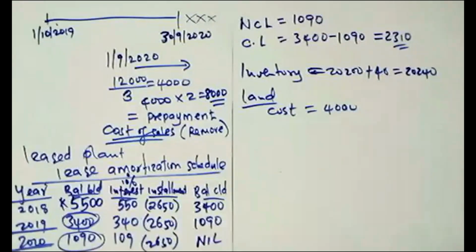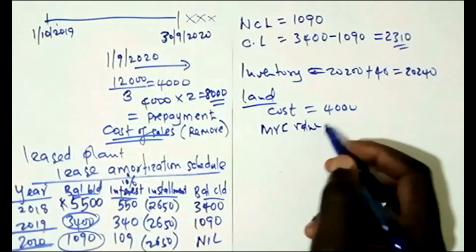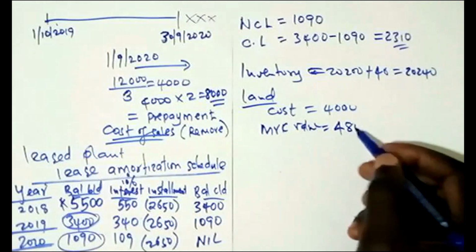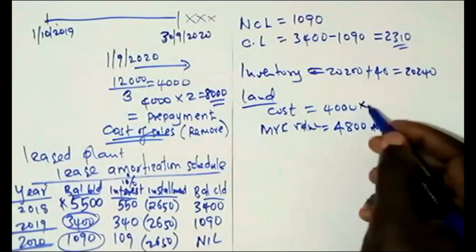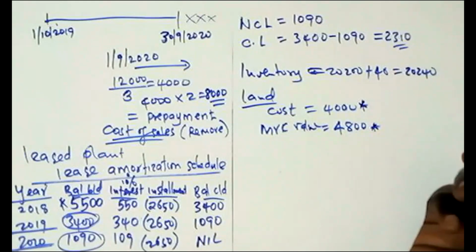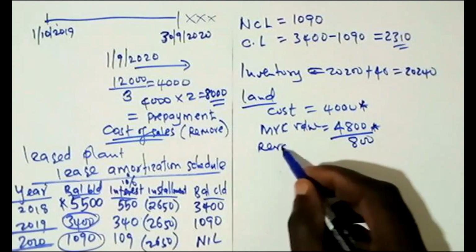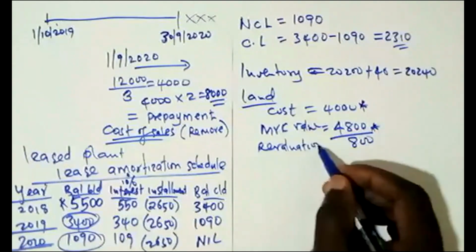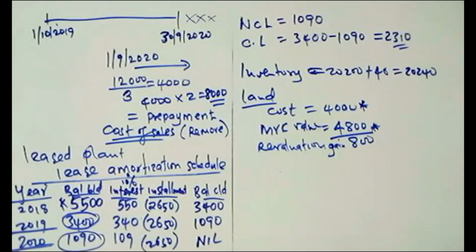So you have a market value of 4.8, which is the value at which this land can be stated currently. But its cost in the books was 4,000. So it has been revalued by 800. There's a revaluation gain of 800, the difference between the cost and the market price.